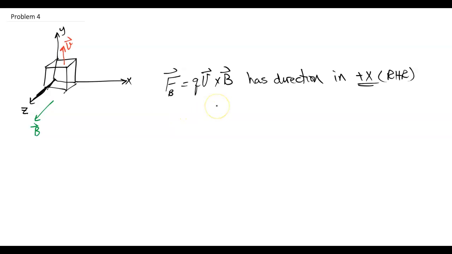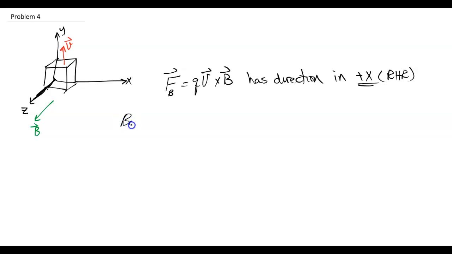So if we put our hand in the direction of v, which is straight up, and curl your fingers towards you, your thumb should be pointing to the right, which is the positive x-axis.